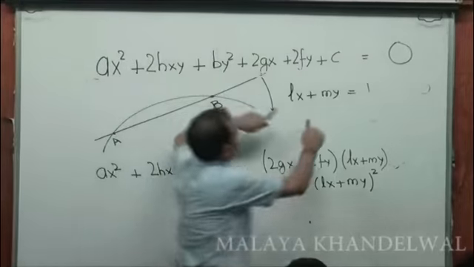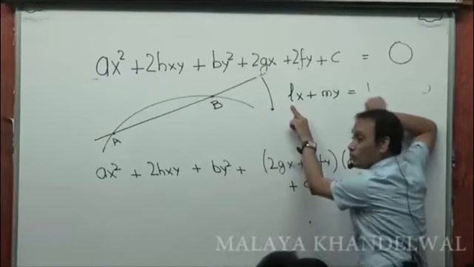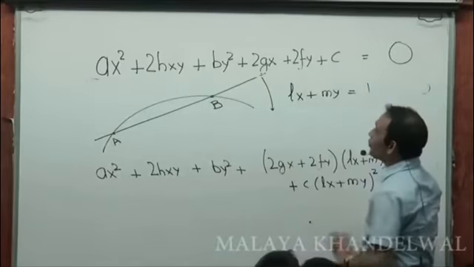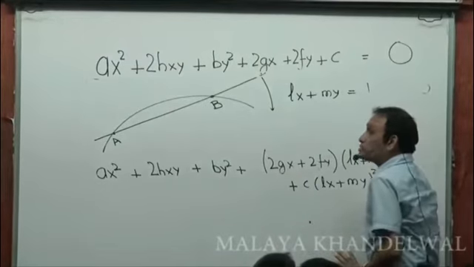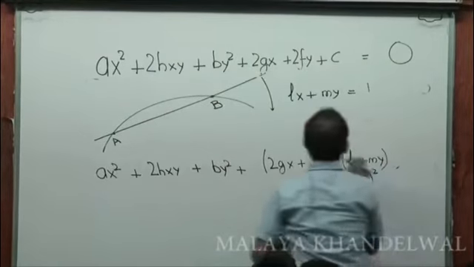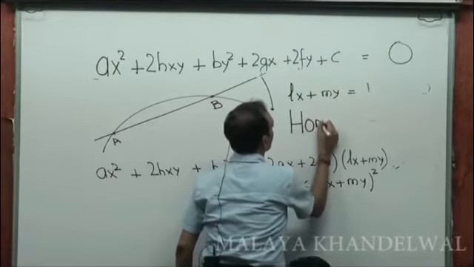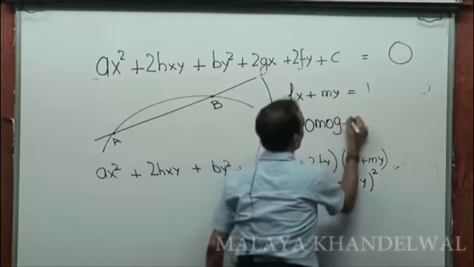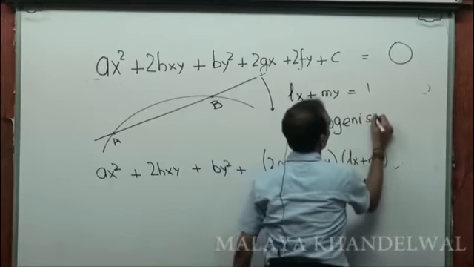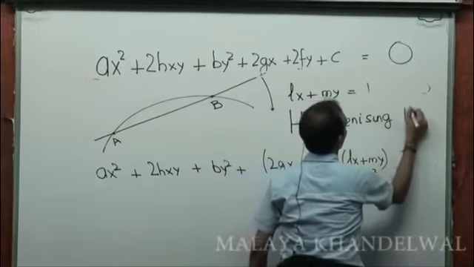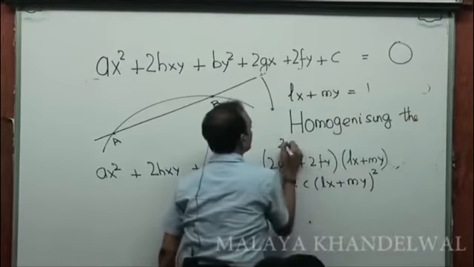Now, using what? Using lx plus my equal to 1. That means the operation that I have performed is called homogenizing. Homogenizing the second degree curve.